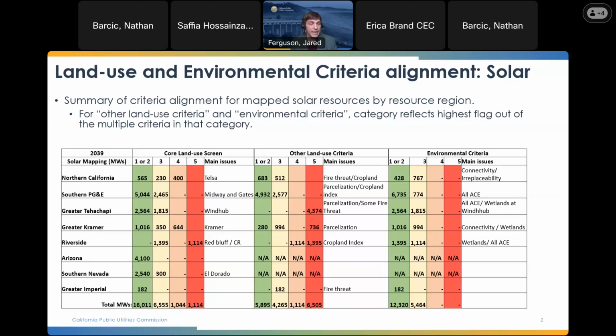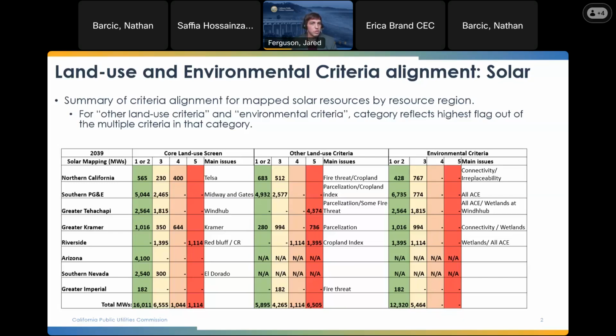On the land use screens, you can see that all the solar is in the level 5 category, and that is predominantly due to parcelization. There is one sub in the SCE northern area north of Gundan that has some fire threat, but predominantly it's the parcelization in the Tehachapi area that is triggering those level 5 flags for the solar in the Tehachapi.